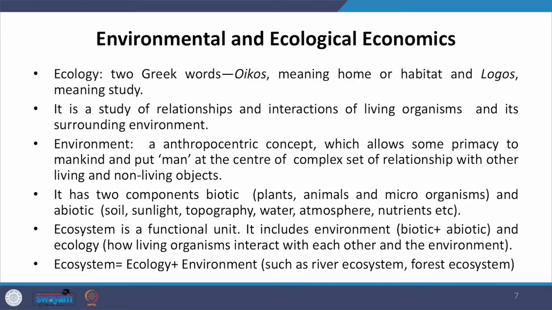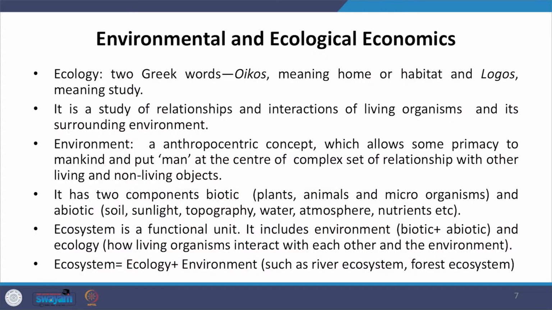So, the literal meaning of ecology is a study of habitat. Habitat includes animals as well as human beings. It is a study of the relationship and interaction of living organisms and their surrounding environment.